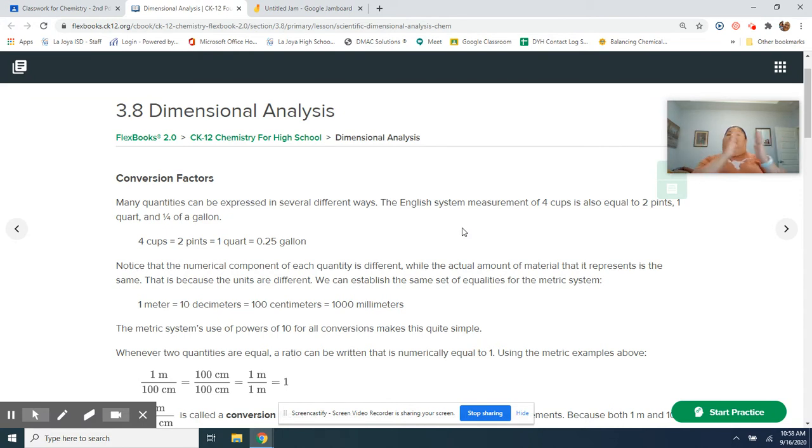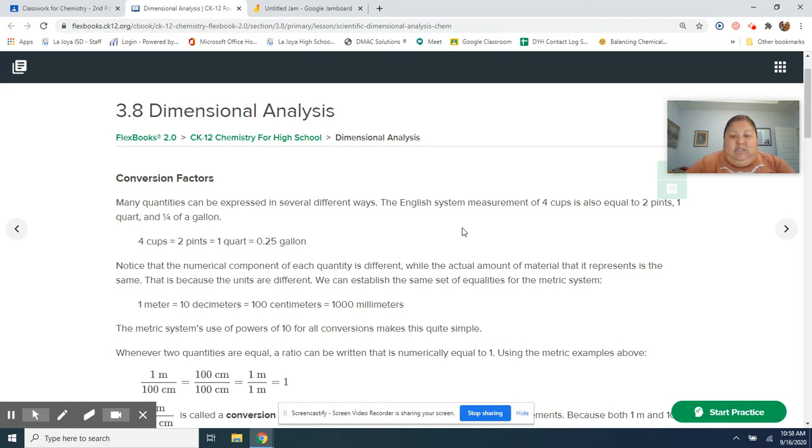It can be 1 meter. It can also be 100 centimeters, or it could be 10 decimeters, or it could be 1,000 millimeters. Okay. This is why we mean that the value doesn't change. It's just the unit that is being asked of us to present it in.